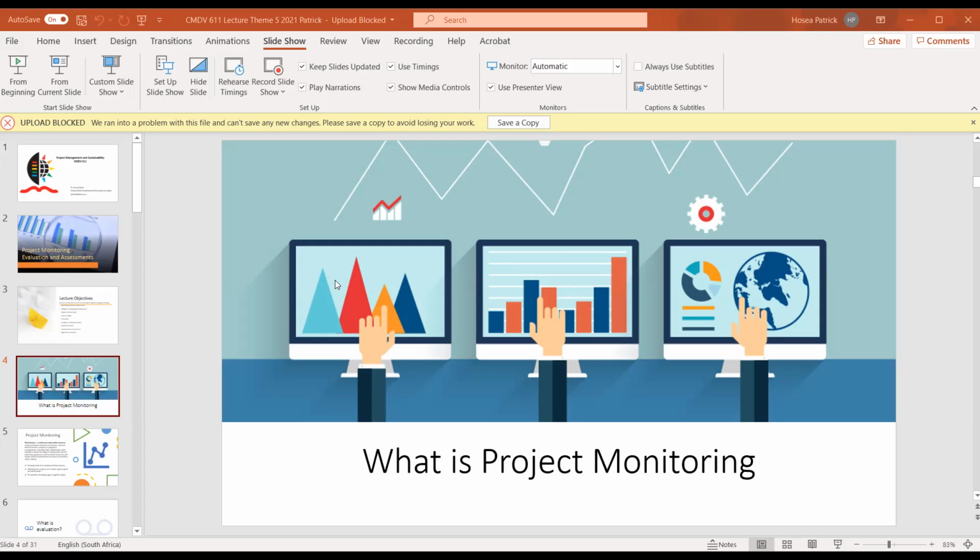So in the case of monitoring, you are correct in saying that we look at it to see if there are challenges, and then resolve those challenges in the course of the project. Another thing is that we are trying to see if we are still on track, if we are actually heading towards the destination we intended.